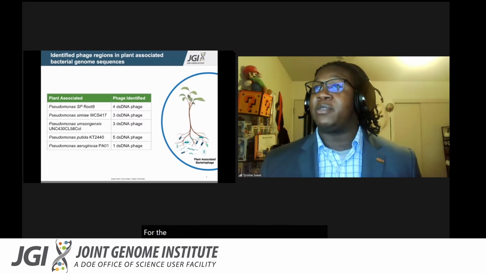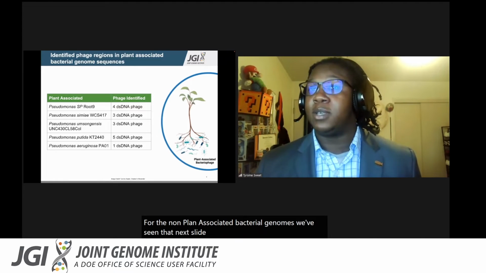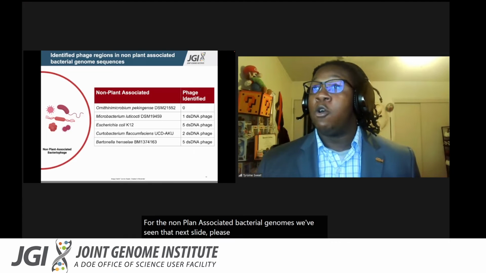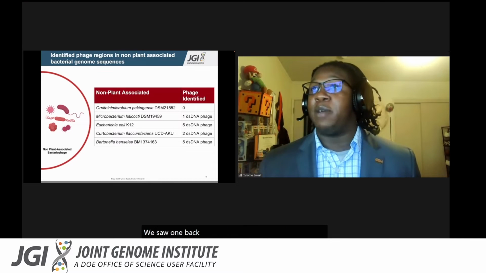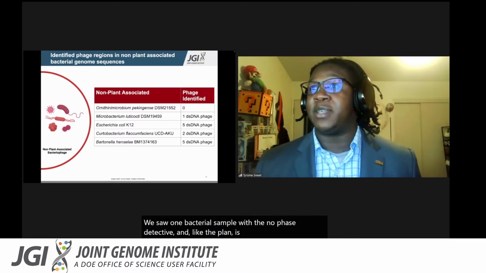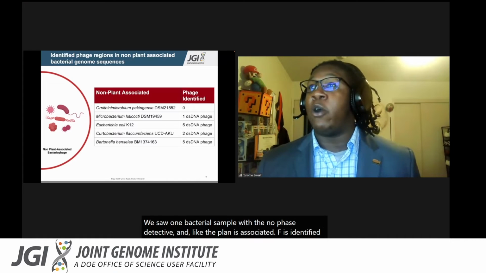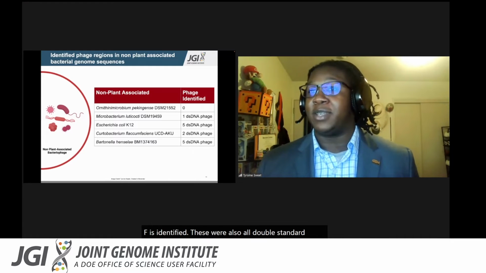For the non-plant-associated bacterial genomes, we saw 1 bacterial sample with no phage detected. And like the plant-associated phages identified, these were also all double-stranded DNA phages.